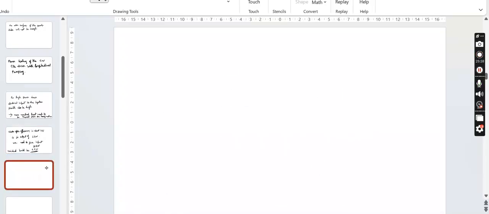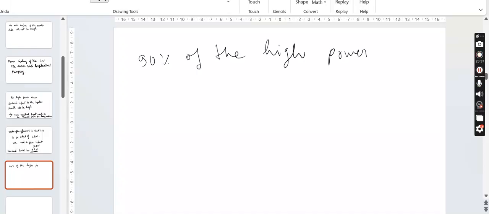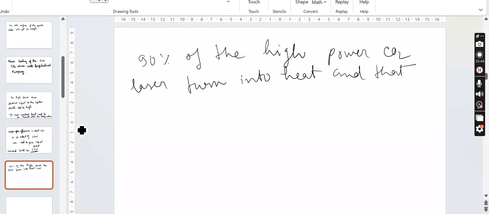Because of that, 90% of the input to a high power carbon dioxide laser is turned into heat, and that is very high energy. Water cannot do the damage control.